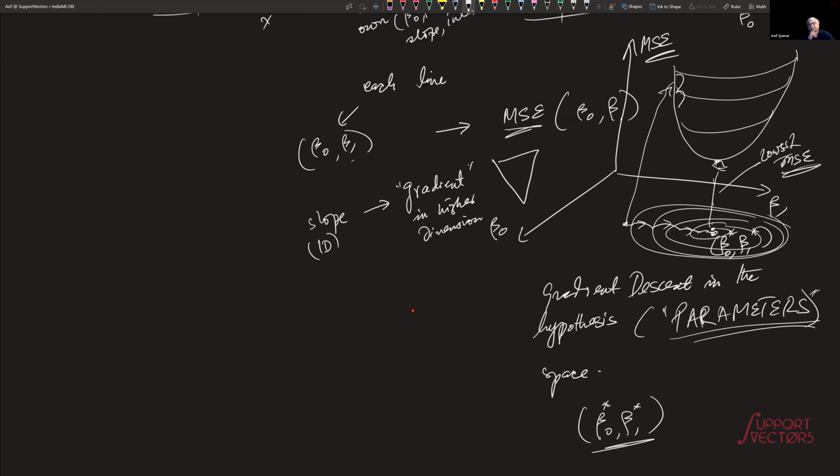So what you say is that if you believe that straight lines may work, you are in search of the best straight line. And the shortest way to get to the best straight line is to start from any straight line and take the path from there to a better and a better straight line till you get to the best straight line. And this is the shortest path that you can take. Are we together, guys? And that is gradient descent.